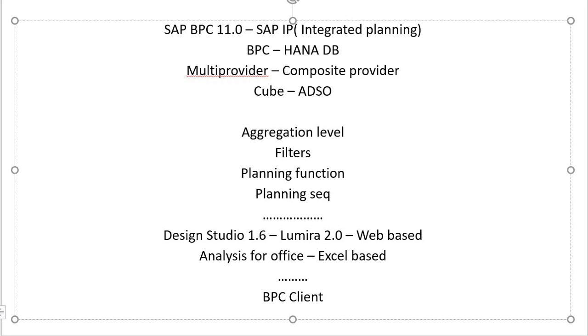It is web-based, user-friendly, and a kind of technology with which we can do planning, giving some more flexibility from the user's point of view. Like with Analysis for Office or Lumira, you can find a little bit of trouble in terms of navigation, but since the BPC client is web-based, it is quite fast as it is relevant to the SAP HANA database.